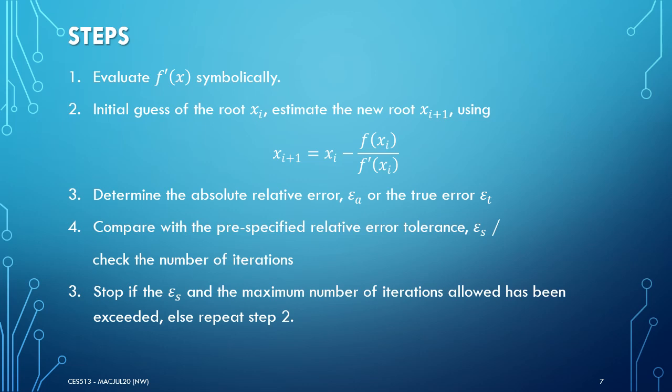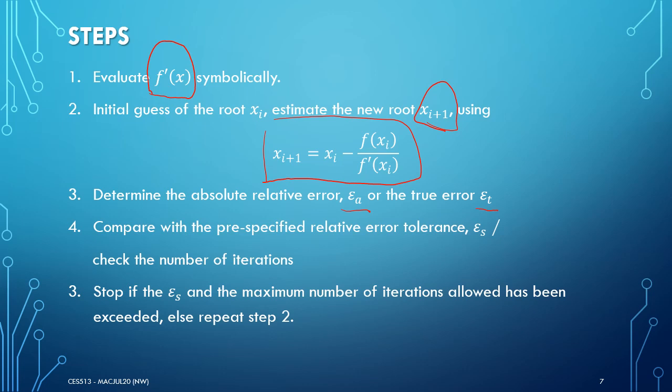For the steps in conducting the Newton-Raphson method, first we need to evaluate the derivative of the function f(x). Then, using the initial guess of the root xi, estimate the new root xi plus 1 using the Newton-Raphson formula that we derived before. Then we determine the absolute relative error, or true error if the true value of the root is given.